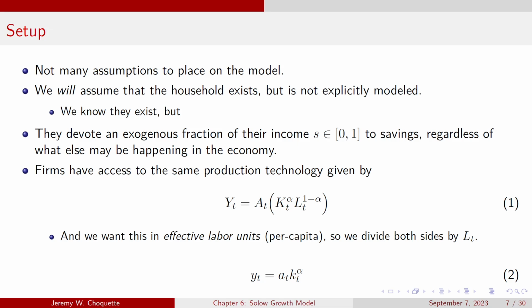What I'm doing is I'm just going to divide both sides by L, and then thanks to the magic of mathematics and the fact that this function is homogeneous of degree 1, we get this lowercase y equals lowercase a times k_t to the alpha. All right, so this is an output function that is per capita, or per effective labor unit, per worker.